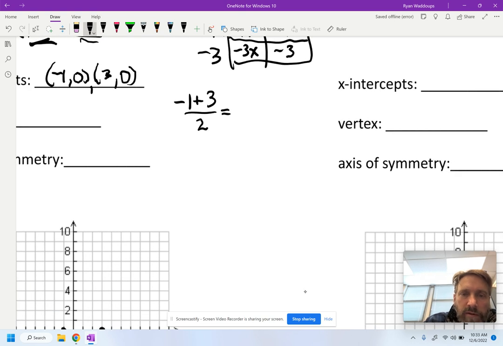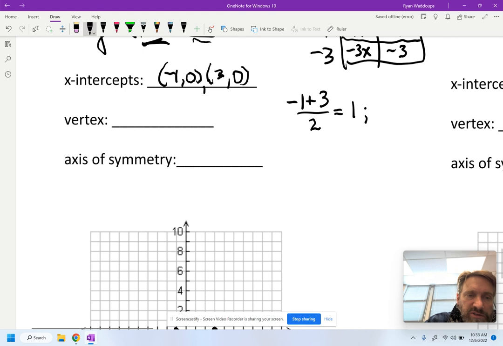And that negative 1 plus 3 is 2. 2 divided by 2 is 1. Which, once again, our vertex then means the x-coordinate is 1, and the axis of symmetry is x equals 1.